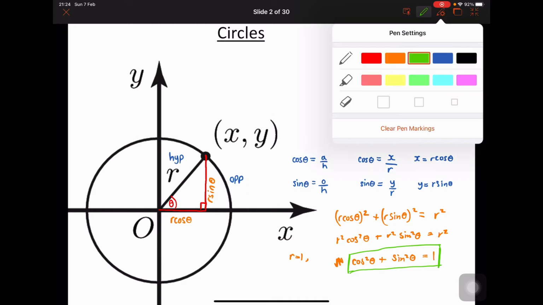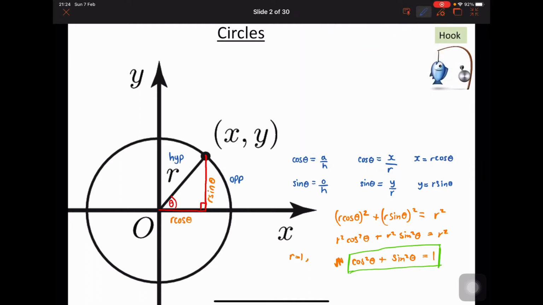Of course, the general form would be, you could write r squared cos squared theta plus sine squared theta equals r squared. And of course, if you then divide both sides of this equation by r squared, you'll end up with cos squared theta plus sine squared theta equals 1.